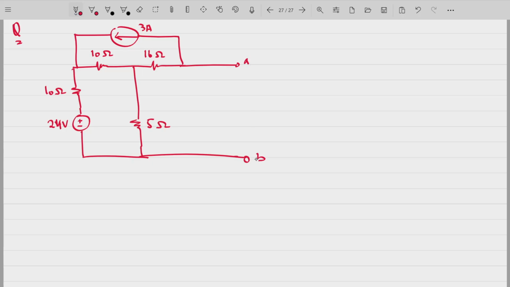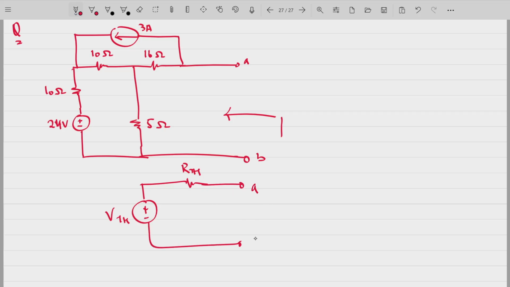This is your open end terminal AB. Fine. So you have to find out VTH across this open end terminal. You have to find out the equivalent circuit, Thevenin's equivalent circuit, RTH across this open end terminal, that's AB. Find out VTH and RTH for this circuit.